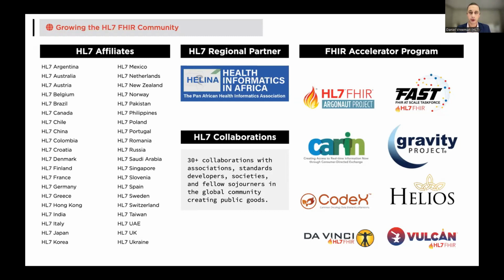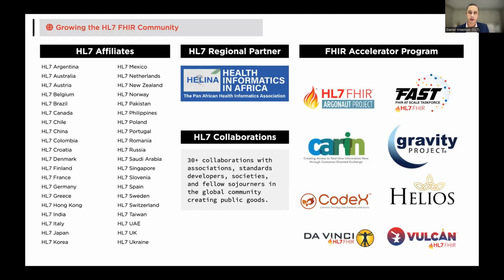HL7 has collaborations with 30 or more different associations, professional societies, standards development organizations, and others that help connect FHIR to different other kinds of standards, as well as to take in the input and perspective represented by different professional societies.